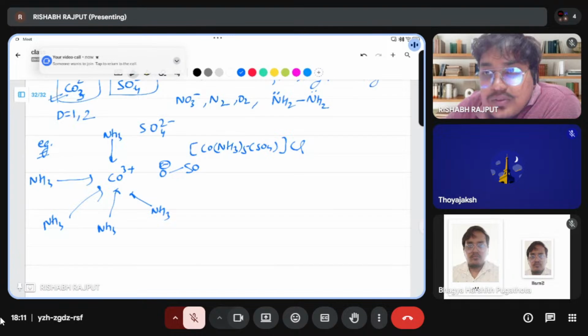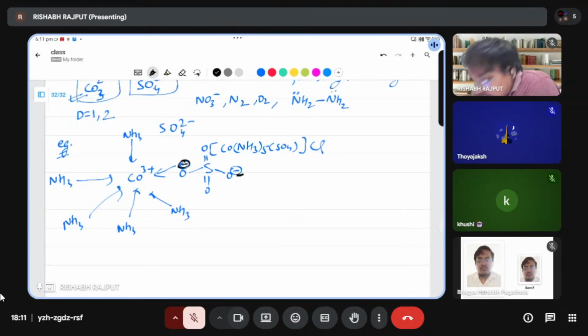In this case, sulfate is giving only this one electron pair. This other electron pair will not participate in the coordination compound. So that is why I am saying sulfate is giving only one electron pair in this case. Sulfate will give only one coordination bond in this compound.